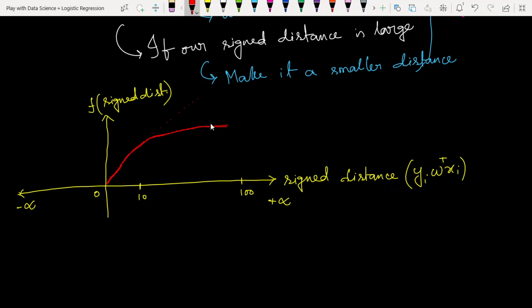Okay, and similarly this, just writing down for clarification: tapering off. And similarly for the negative sides also.